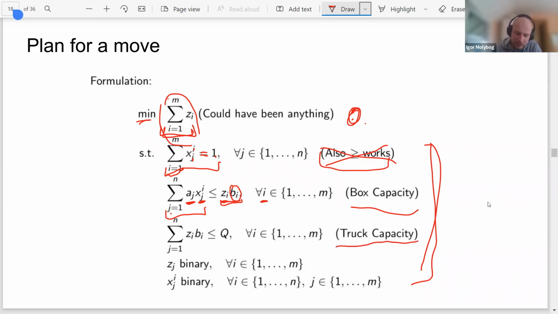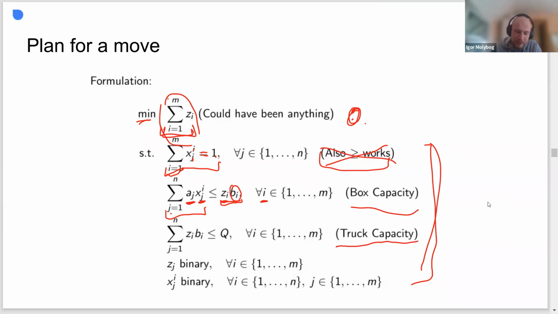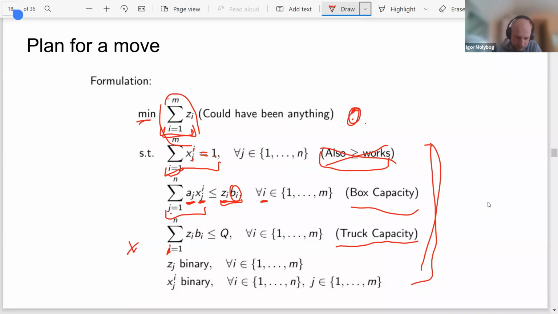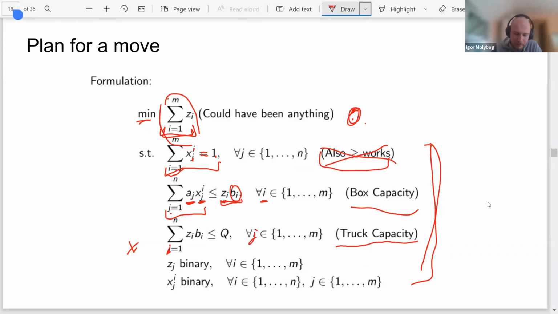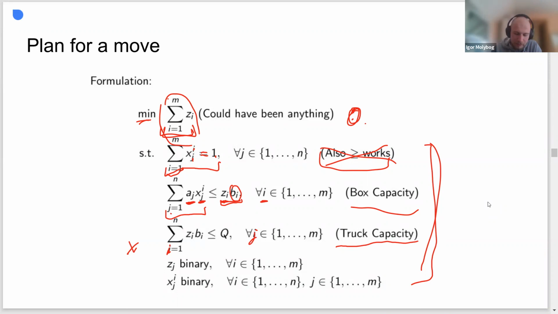Then the constraint on the truck capacity is telling us that the summation over all boxes must be... I will correct this later. Oh, J doesn't belong here at all. I wonder how I put down this slide at all. Anyway, J doesn't matter here.